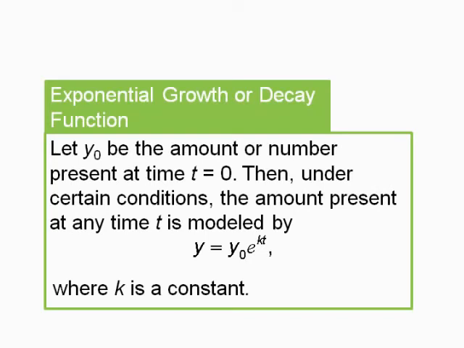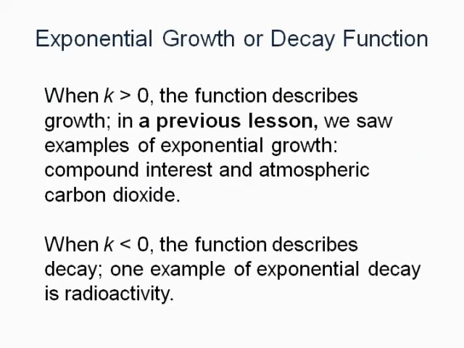So here it is: let y sub naught be the amount or number present at time t equals 0, then under certain conditions, the amount present at any time t can be modeled by this function, y equals y sub naught e raised to the kt power, where k is some constant number, and of course t will be represented by some time.